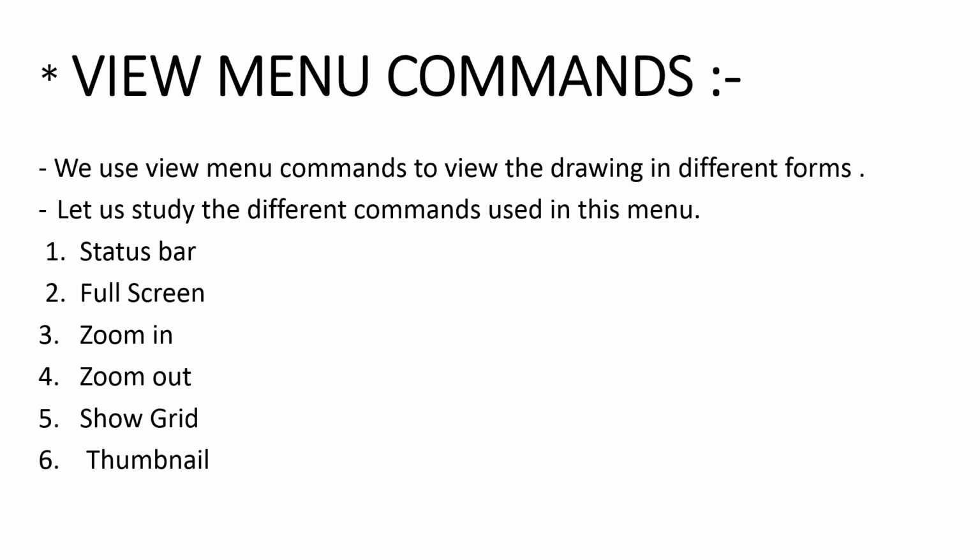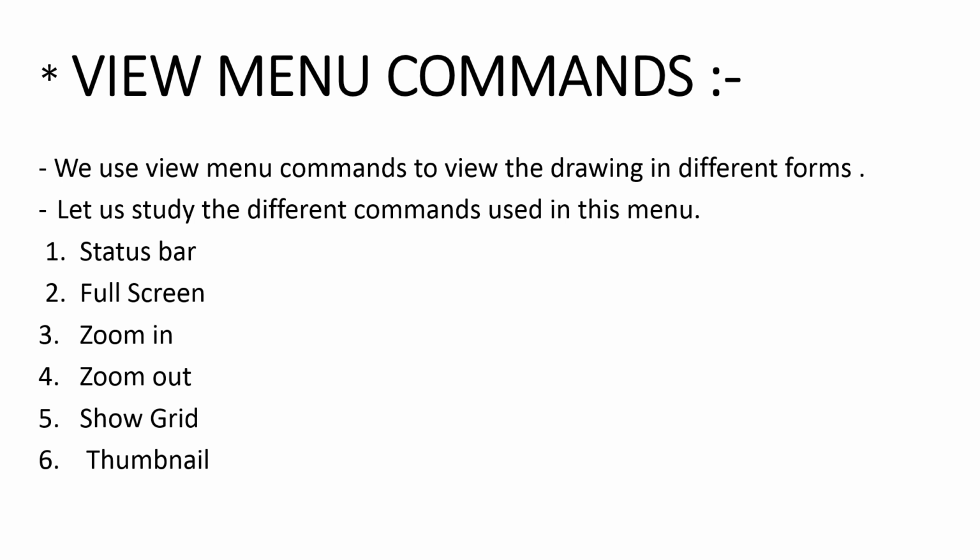We use view menu commands to view the drawing in different forms. Suppose we want to see the drawing that we have created in a large size or in a small size. So we can use the view menu commands to view our drawing in any form we want.